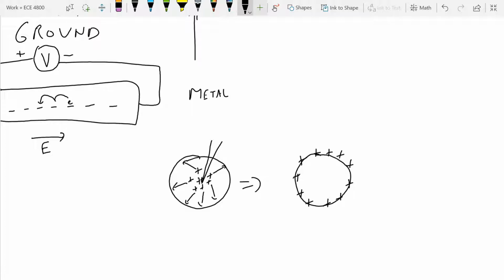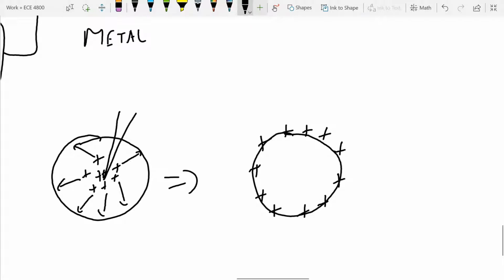As a result of that, something interesting happens. Number one, you have rho s, a surface charge density. Rho v equals 0. There are no charges inside the material.